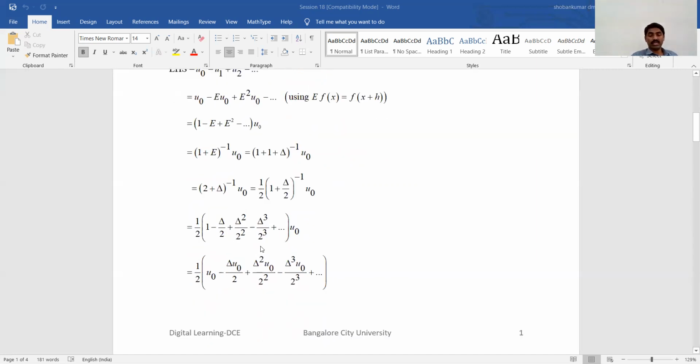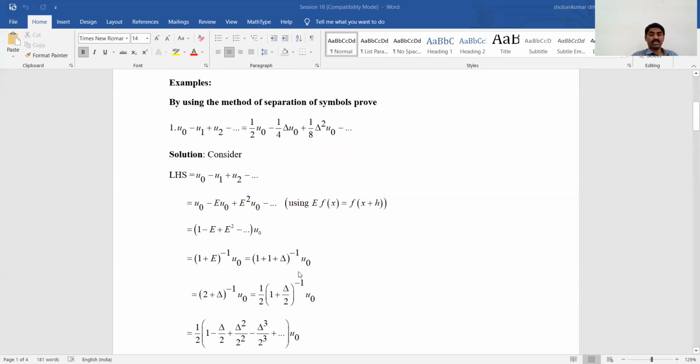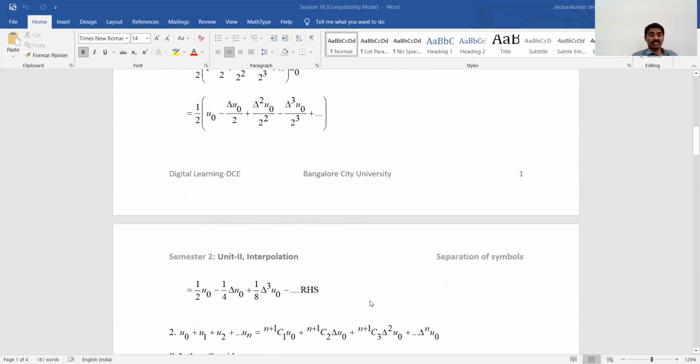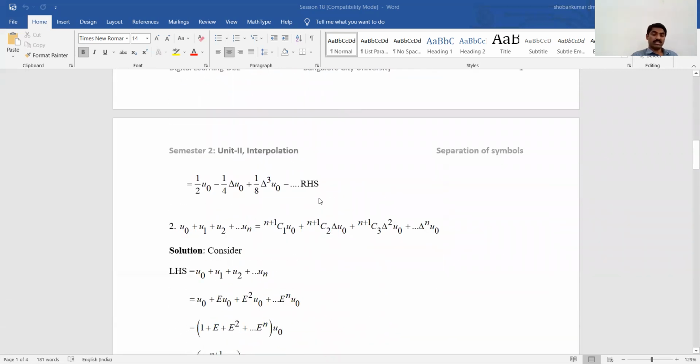Now this is an operator operating on u naught: 1 by 2 into u naught minus 1 by 4 delta u naught plus delta square u naught by 8 minus delta cube u naught by 16 plus and so on. This is our required result.